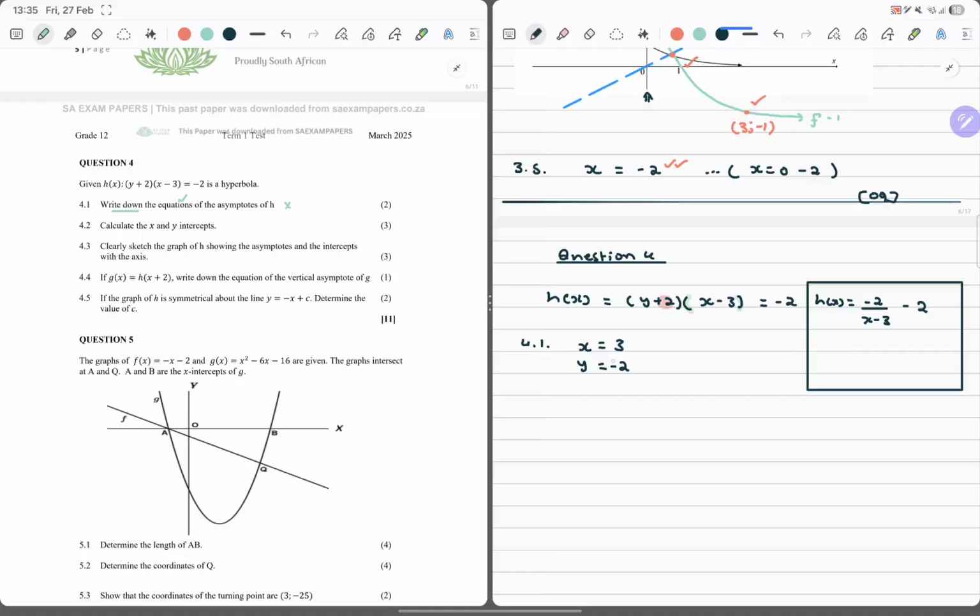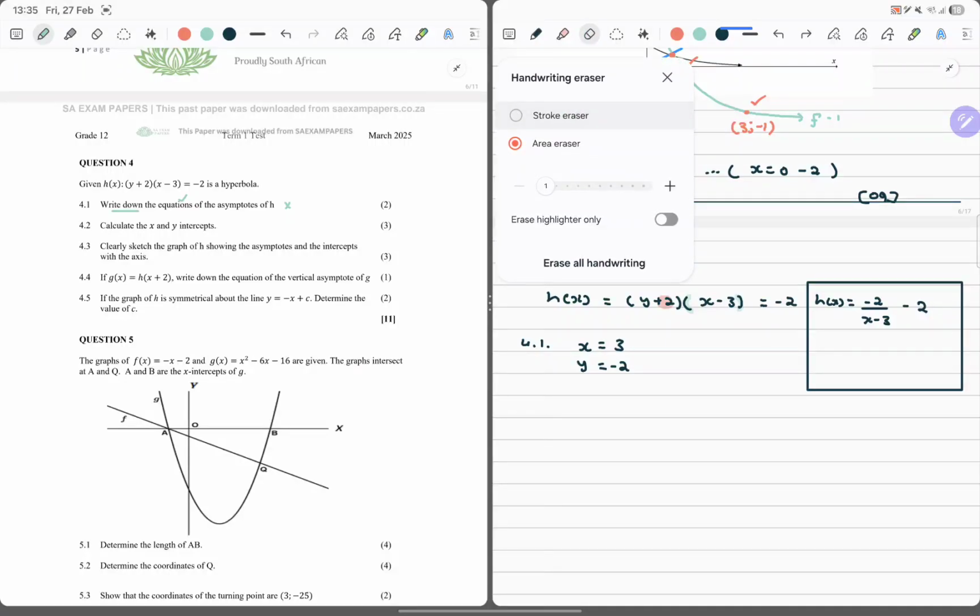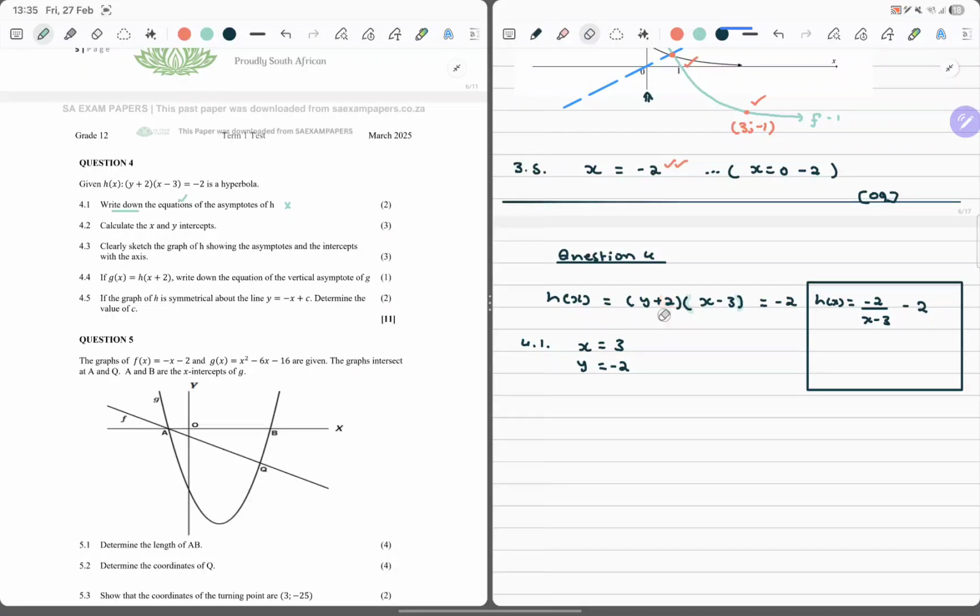It cannot be 2, but we equate this bracket. Sometimes exploring something will save you the pain. We take this bracket, we equate it to 0. When it is given like this, we equate it to 0, and then we solve for y. So this should be -2. So that was a catch.